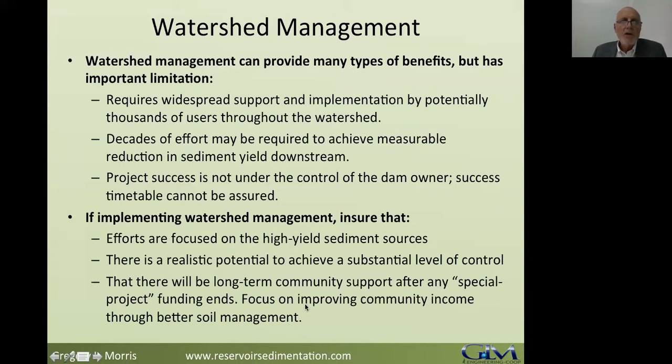If you focus on improving community or farmer income through better soil management, that is self-sustaining. So I don't want to say something bad about watershed management. It's an essential and key element of this process, and in the United States it has been very successful to date, but we need to move now to the next level.